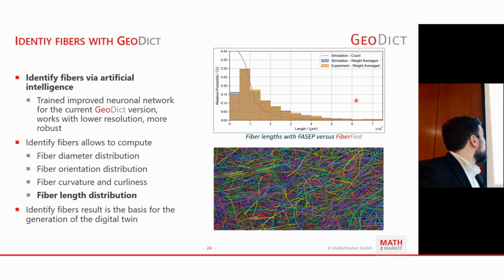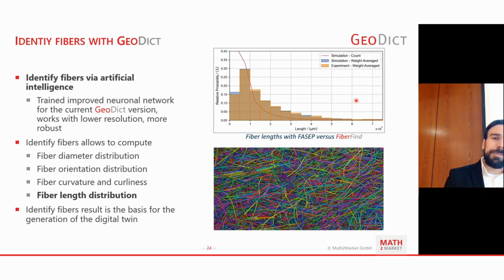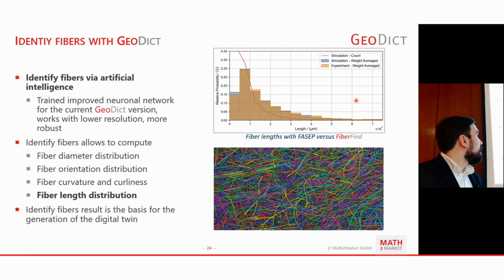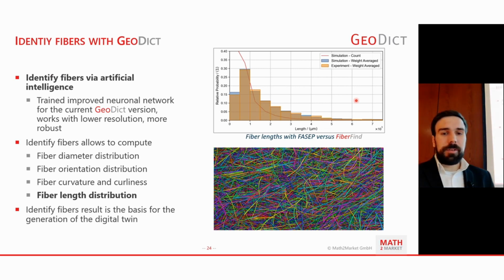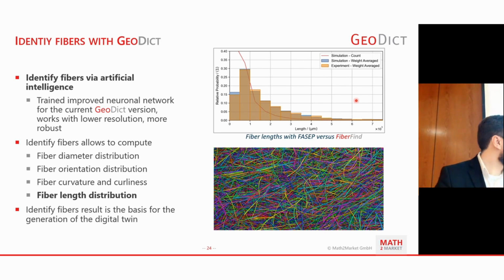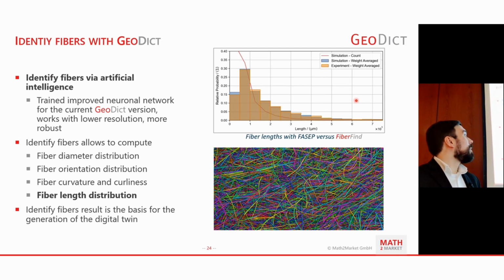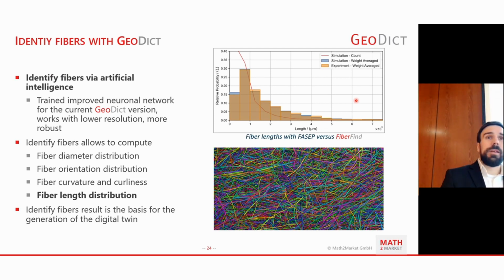Well, for our nonwovens, we also want the fiber length distribution. And that's then the point where we actually need FiberFind AI, and we also want the curvature, of course. So for the digital twin nonwoven app, we need the AI part that does the individual fiber labeling, and we have a nice example here from the Digilog B project where such a composite material was scanned and analyzed with FiberFind, and also experimentally the fiber length distribution was measured.